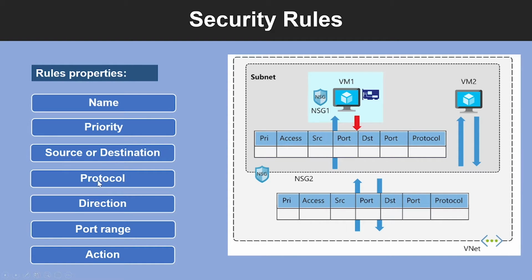Then you define the protocol, which is TCP, UDP, or any. Then we have direction, whether this rule applies to inbound or outbound traffic. Then we have port range, which is an individual port or range of ports. And finally, we have action, which is to allow or deny the traffic.